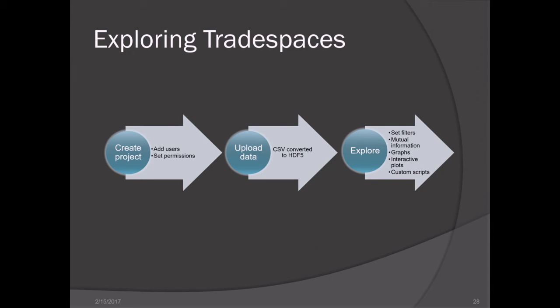And at that point, you have your Tradespace in TradeAnalyzer, and you're able to use all of the different tools and techniques on the Tradespace to be able to perform an analysis with it. And you'll notice that the last bullet on the Explore side is the ability to have custom scripts.